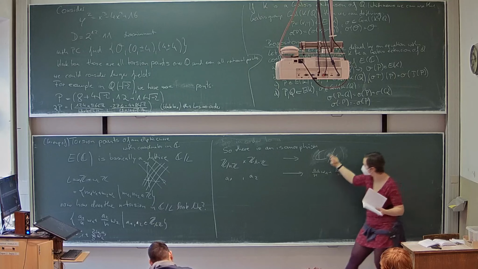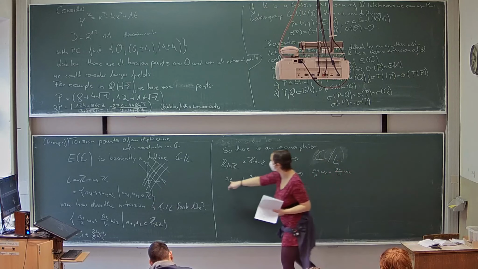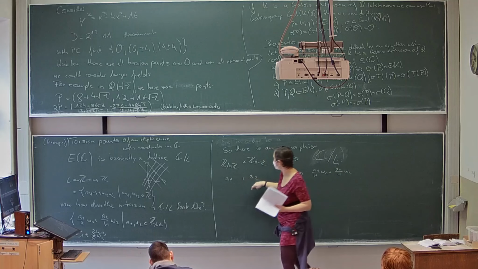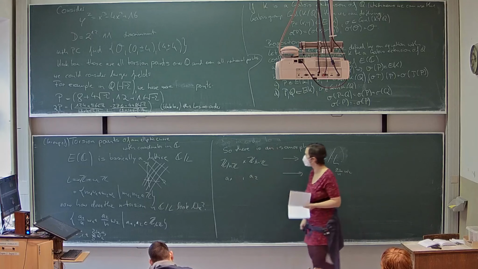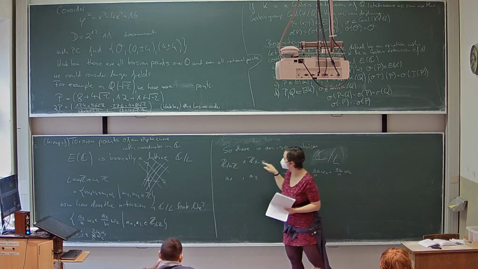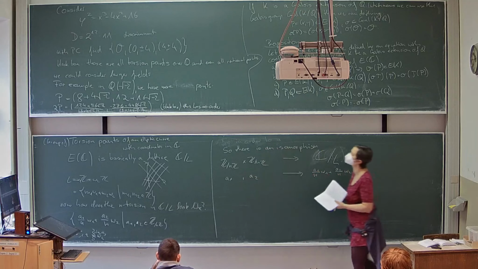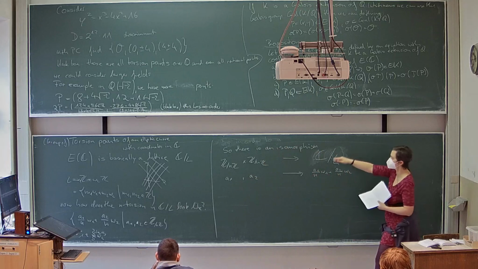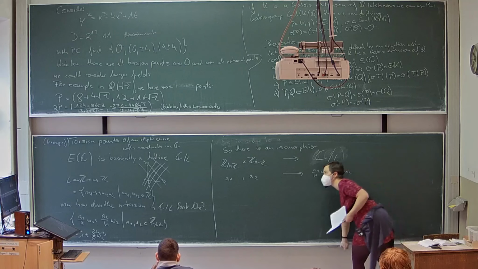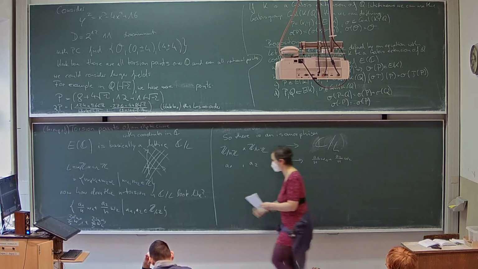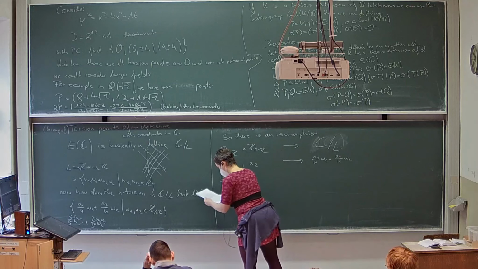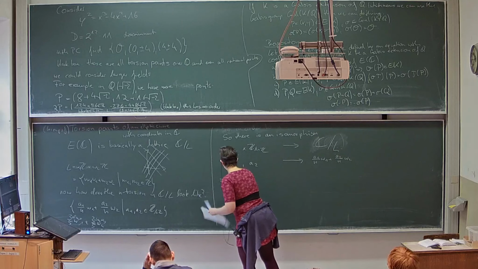So it's 0 or the identity, and this happens exactly if A1 and A2 are 0 here. So the n torsion subgroup of E of C is isomorphic to Z mod NZ cross Z mod NZ. This is a proposition.